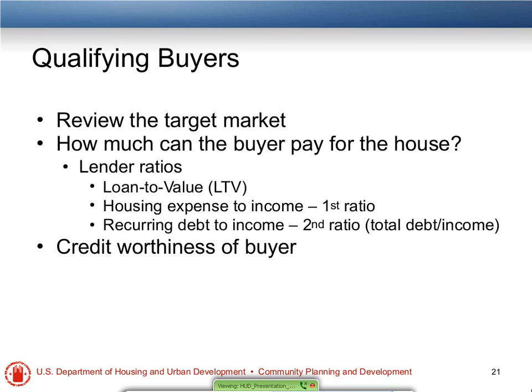So it allows us to expand our targeted market from families that are making a little bit greater than 80% of the median income. Or we can always use the other programs, Community Development Block Grant or homeownership or other state and local programs to help finance the home buyer.